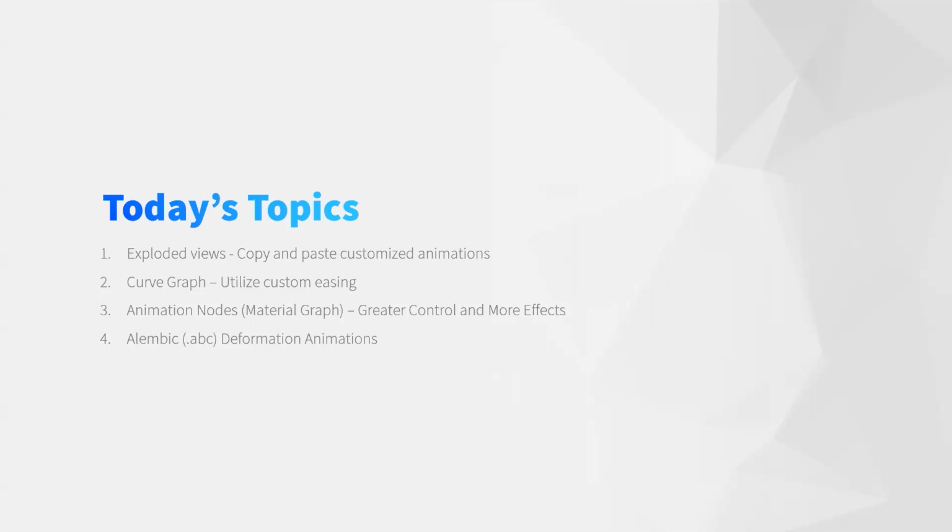These are really powerful, a lot of fun to use. We'll try to cover a few of those effects with those nodes, but with the time we have today, we probably won't be able to touch on all of those effects, but we'll hopefully get some good questions coming through with those too. And we'll look at Alembic files for deformation animations.